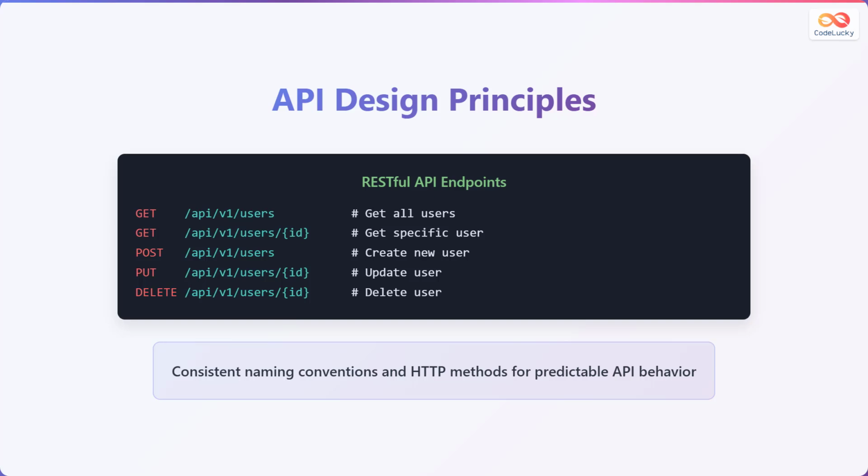POST /api/v1/users to create a new user. PUT /api/v1/users/ID to update a user. And DELETE /api/v1/users/ID to delete a user. These consistent naming conventions in HTTP methods result in predictable API behavior.